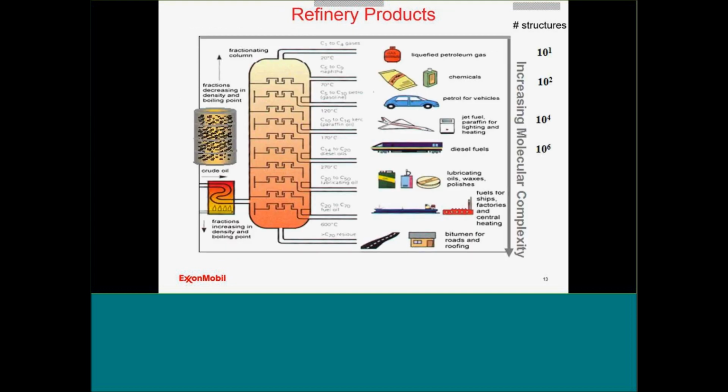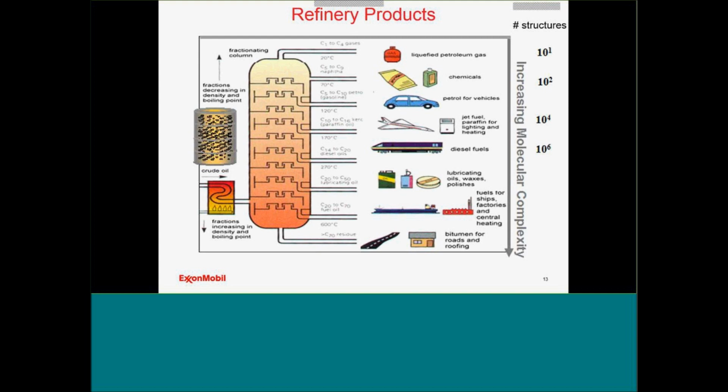The types of different petroleum substances generated from a refinery and the associated uses are further illustrated in this next figure. Crude oil comes into the refinery. It's heated to separate the various fractions, which are then further subjected to refinery processes to generate the different substance categories that we just mentioned, from gases containing the simplest of hydrocarbons, such as methane, to the residual tars that comprise asphalts used in road construction.